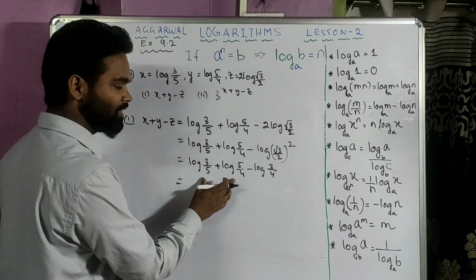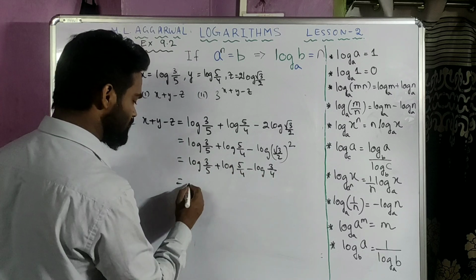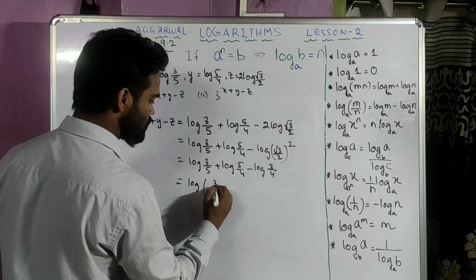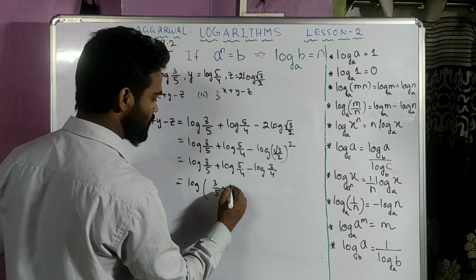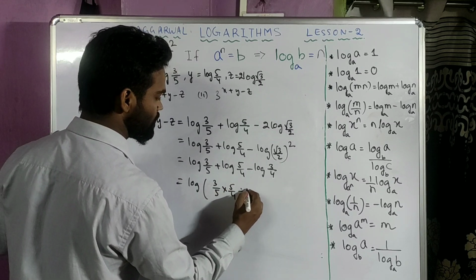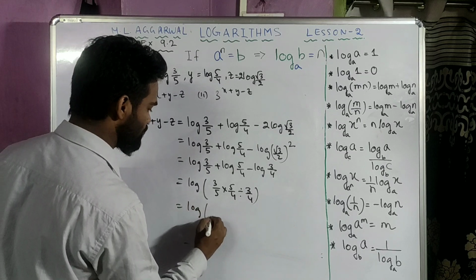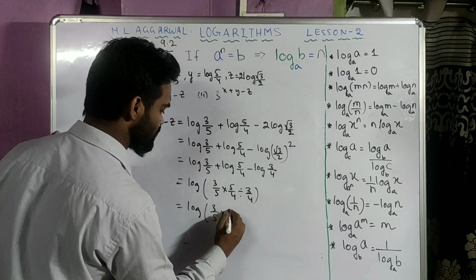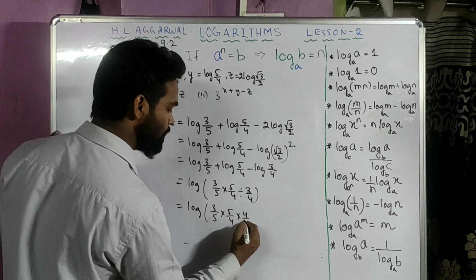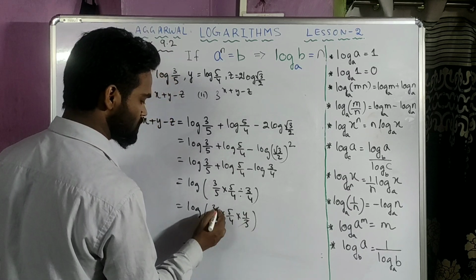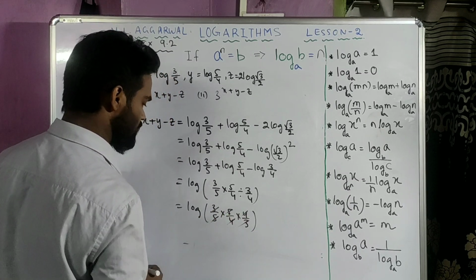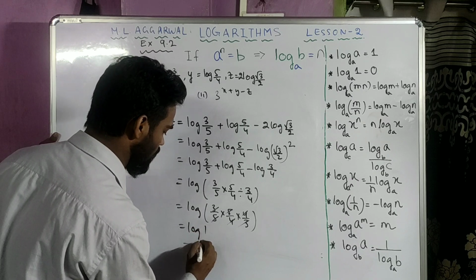The ones which are added get multiplied and this one gets divided. So log 3 by 5 multiplied by 5 by 4 divided by 3 by 4, isn't it? So this becomes log 3 by 5 multiplied by 5 by 4 multiplied by 4 by 3, the reciprocal. So this cancels out and becomes log 1 base 10.